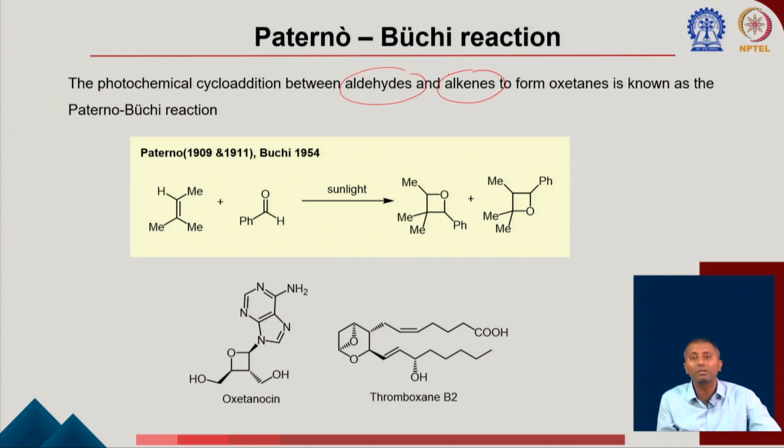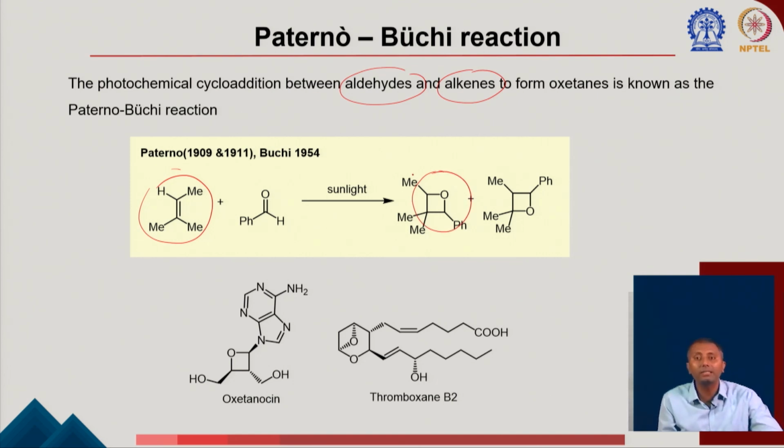Then there is the type 2 reaction, where hydrogen abstraction happens and forms the 1,4-diradical. Here I am going to talk about another important chemistry where you can do cycloaddition with an olefin, which can form an important 4-member ring called oxetane.